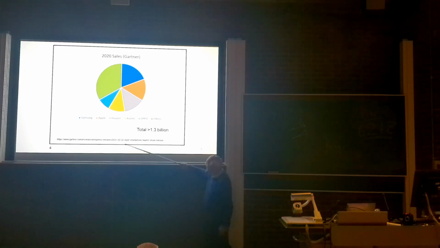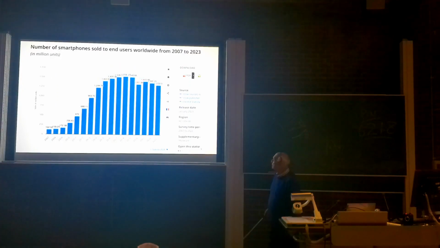In 2020, just 1 year, 1.3 billion, and these are the players: Samsung, Apple, Huawei, Xiaomi, Oppo and others. Those are the big players, and you can see the proportions that they have. The others were quite big there. It's changed now, but we'll see as we go along.